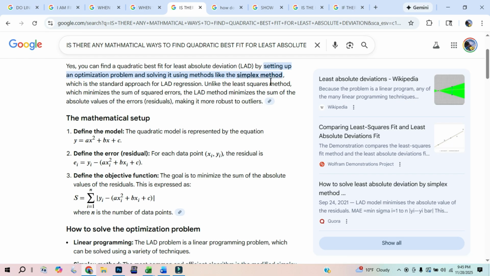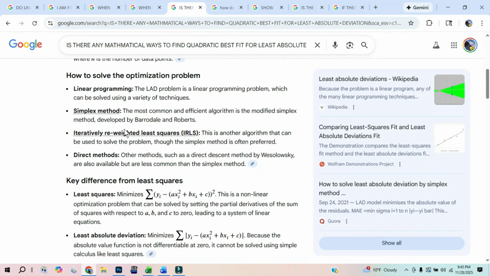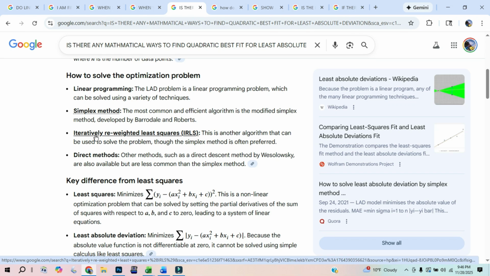I didn't actually research that at all, because there was another method that was iterative. If I see the word iterative, I'm super happy about that, because once you run one iteration, usually the iteration gets you closer to something, based on general assumptions. You assume something, run it, and get closer to the answer.